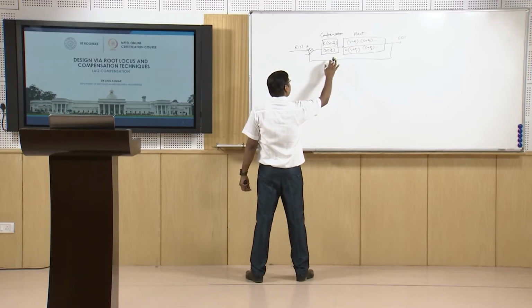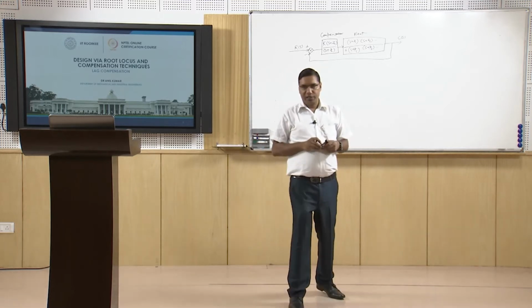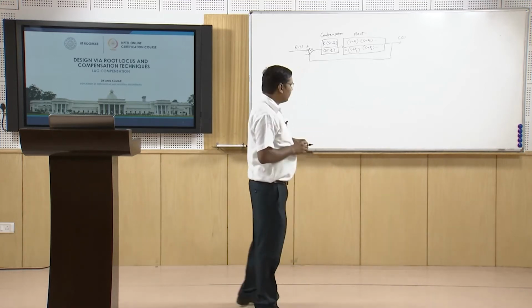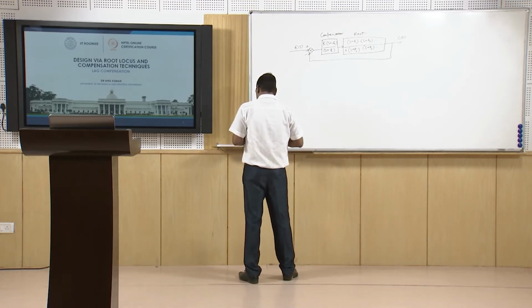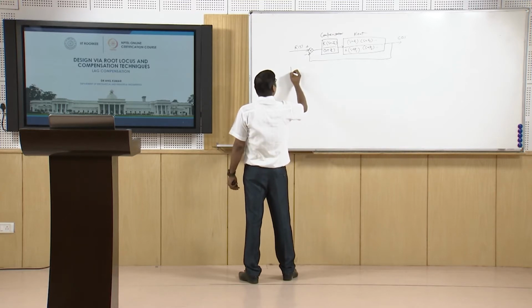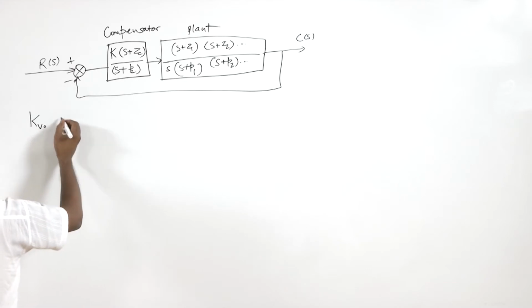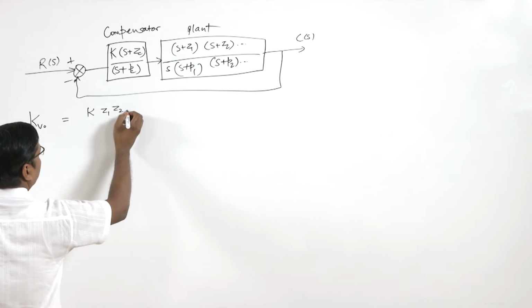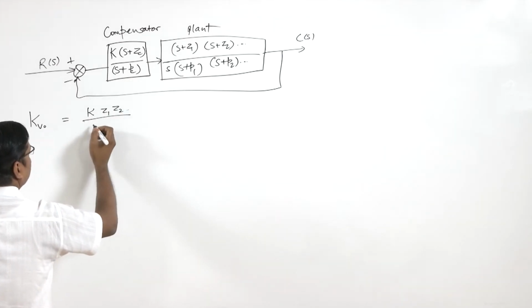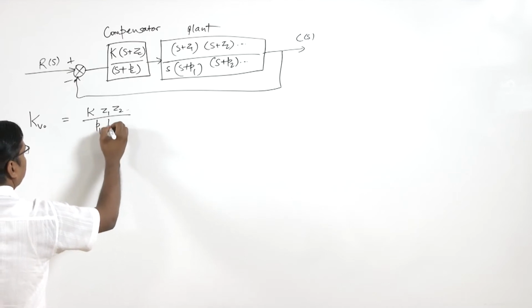Because this is a type 1 system, we will have the static error constant Kv, the velocity static error constant. We say Kv0 equals K z1 z2 upon p1 p2.